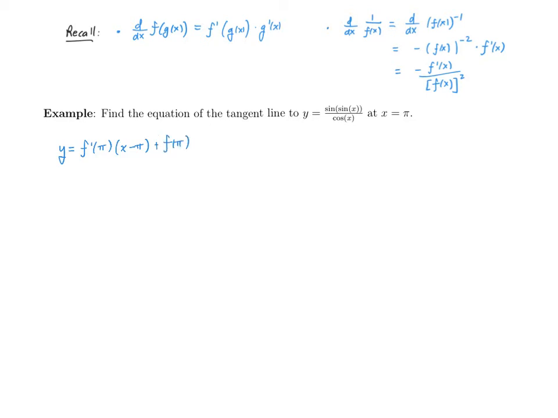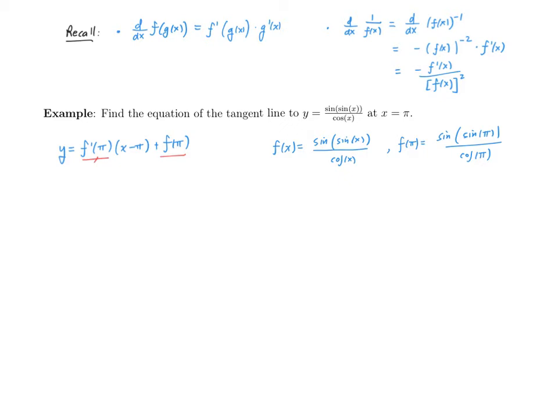So we always immediately jump to that starting point, and note we need to come up with 2 values, f of pi and f prime of pi, where f of x is the function given by sine of sine x, all divided by cosine x. Immediately we can do this first function evaluation. So f of pi would be sine of sine pi, all divided by cosine pi.